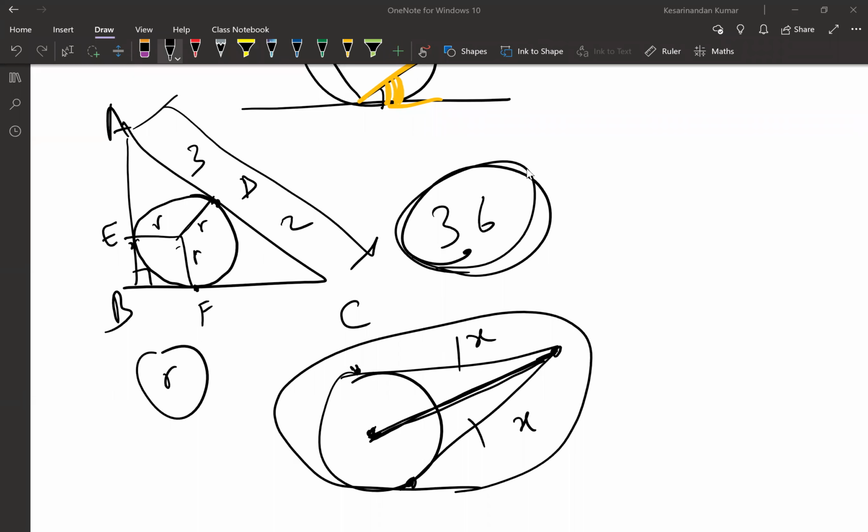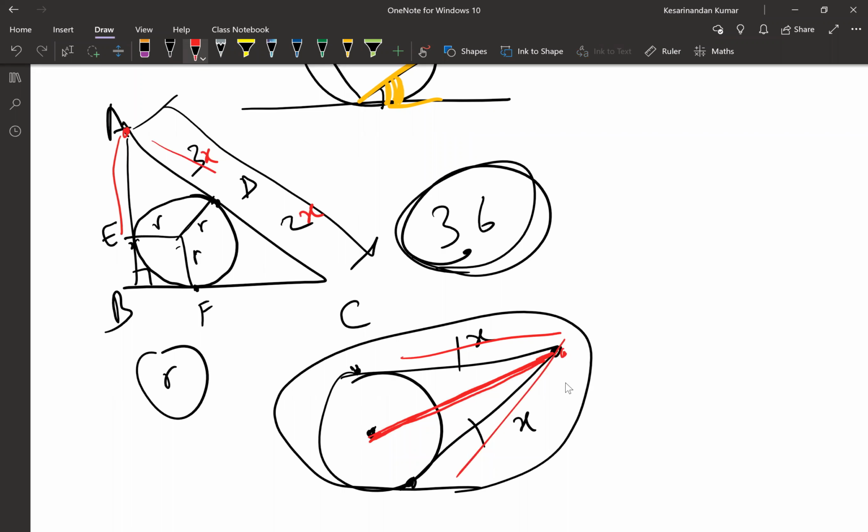So, since this is in the ratio of 3:2, let's give it 3x. This is 2x. Now, according to this theorem, if tangents are drawn from a point, they are of the same size. So from this point, this and this are tangents. If this is 3x, this will also be 3x.